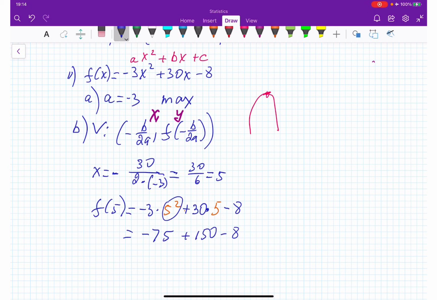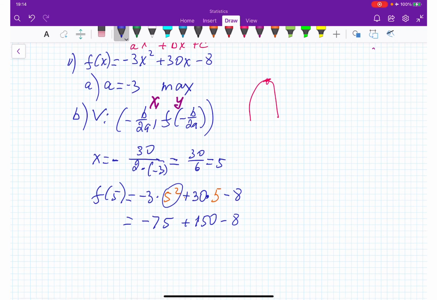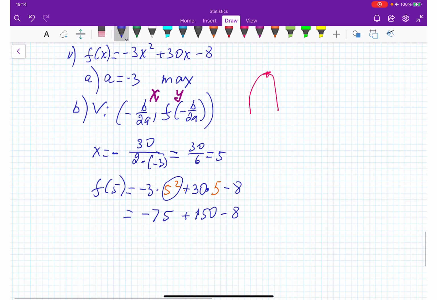Negative 75 plus 150: 150 minus 70 is 80, and 80 minus 5 is positive 75. 75 minus 8 is going to be 67. So my vertex is going to be (5, 67).